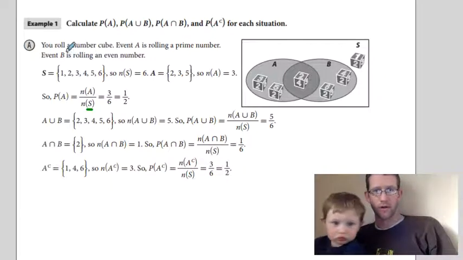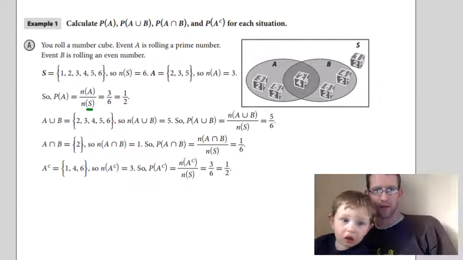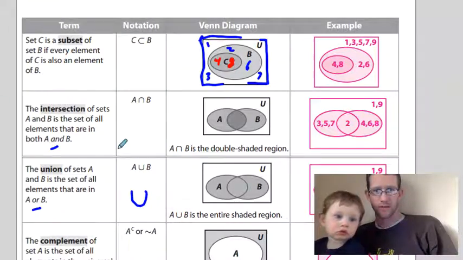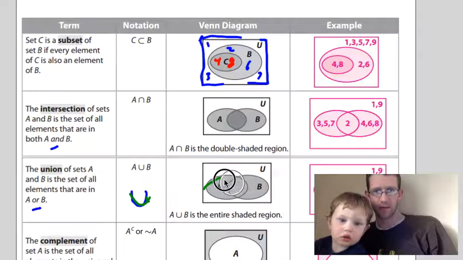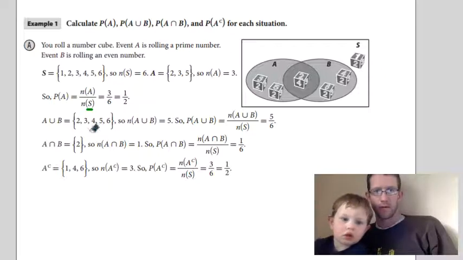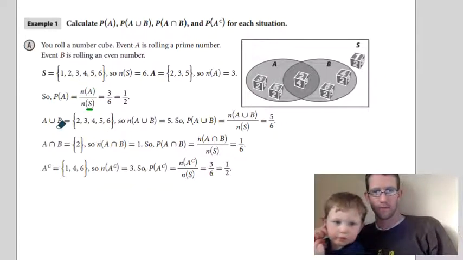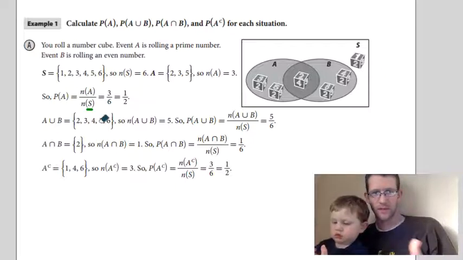But it gets a little more interesting when you start talking about the union here, right? Remember the union? You can think of the union as the big U, these 2 things overlapping, or the OR function, anything that's in either one of those. So the union of A and B has how many elements? Well, we just list off the elements here.